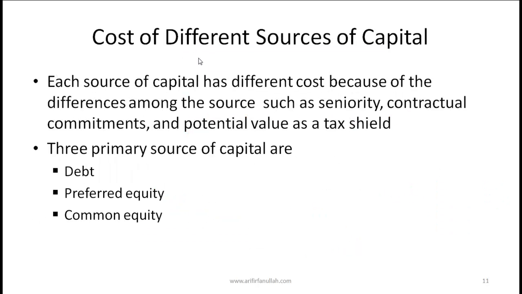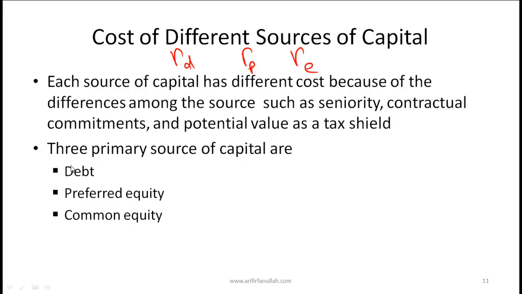Now let's get into the details of how we come up with the different costs of capital. So how do we come up with RD, R for preferred shares and R for equity? Each source of capital has different costs because of the differences among the sources, such as seniority, contractual commitments, potential value as a tax shield, and so on. And the primary sources of capital are debt, preferred equity, and common equity.